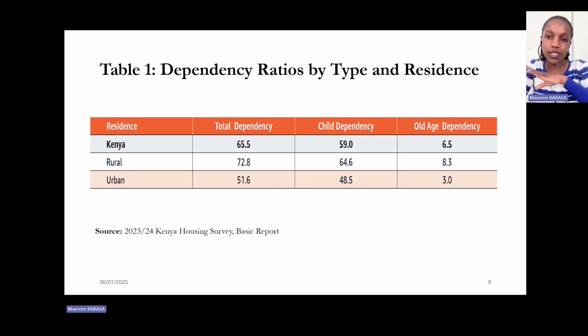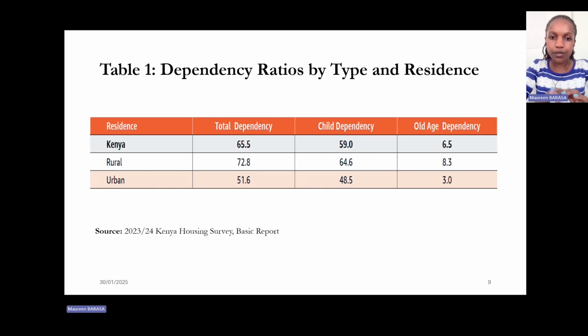51.6. And from this, you can see that according to these dependency ratios, most of the children, those below 15, and the older people, those who are above 64, are situated in rural areas, and the child dependency ratio is also high in rural areas, both in rural and urban areas.